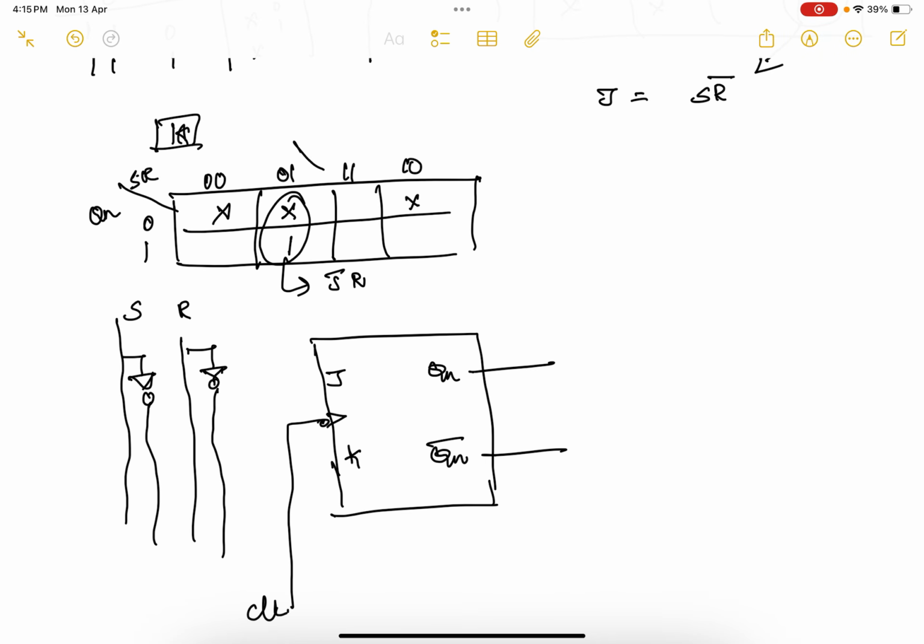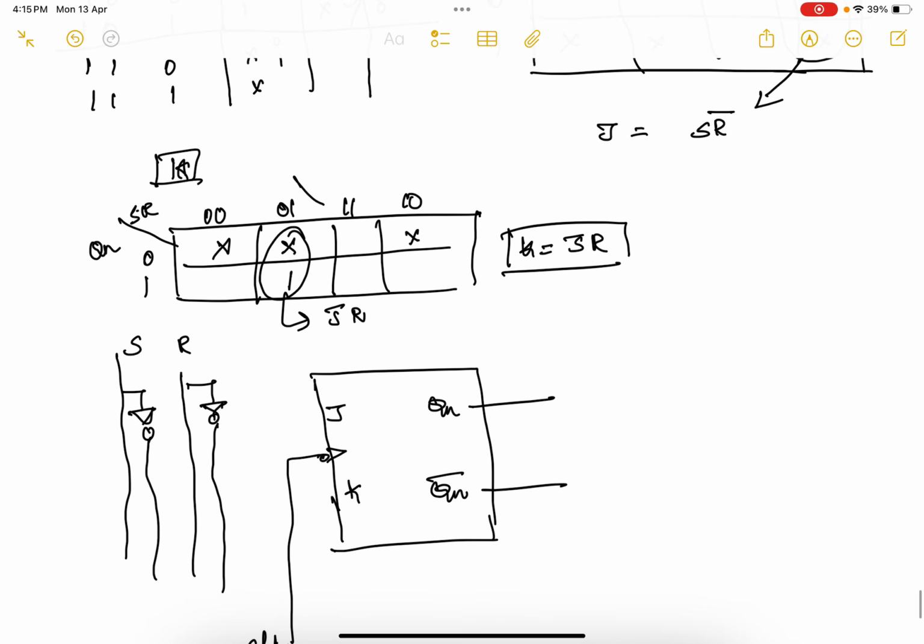So for J it is S bar into R, and for K it is S into R bar, which will be connected through AND gates and an OR gate.